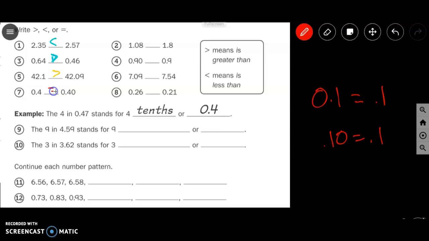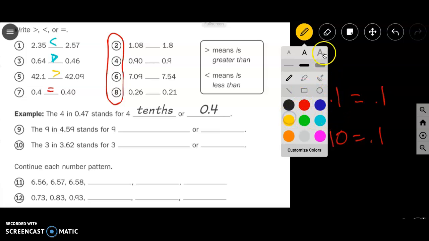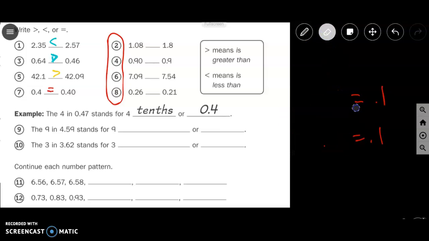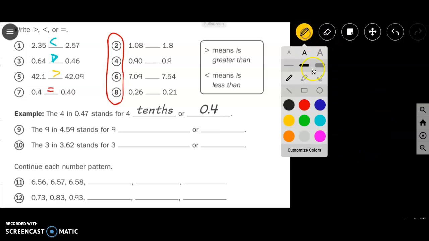Those are the same thing. All right, so take your time and make sure you do 2, 4, 6, and 8 on your own. Remember that you always want to point to the smallest number, and that 0.1 is the same thing as 0.10. It's the exact same thing.